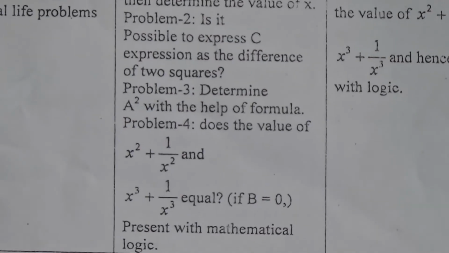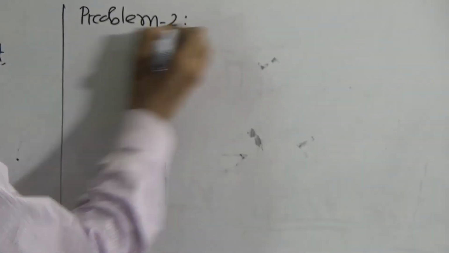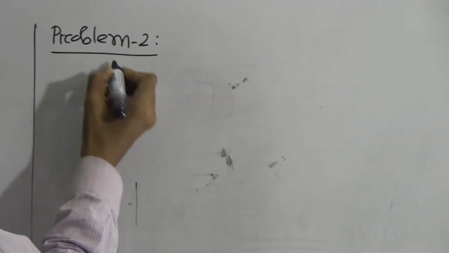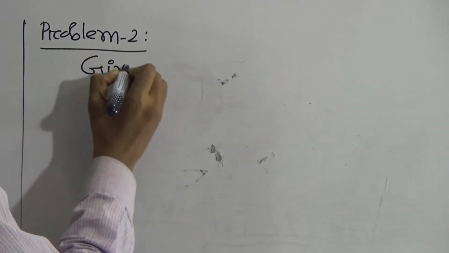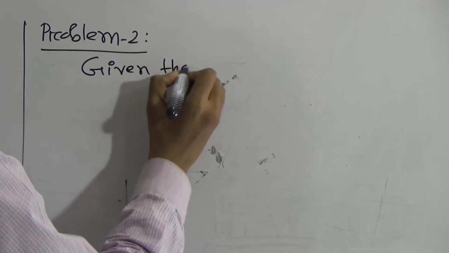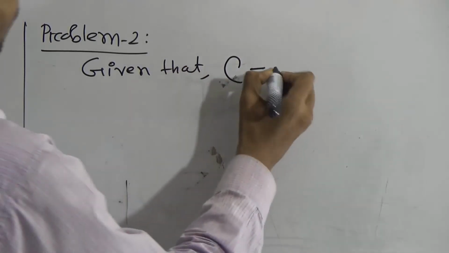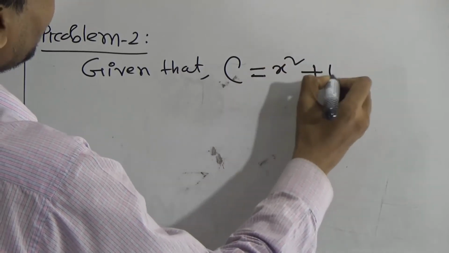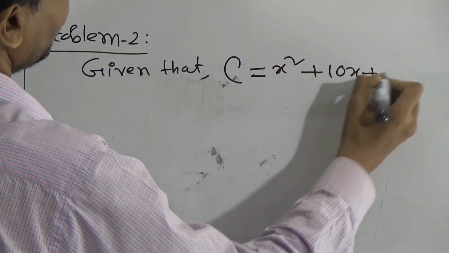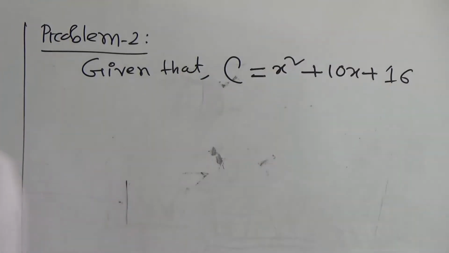Okay, now write problem 2. Given that C equal to x square plus 10x plus 16.